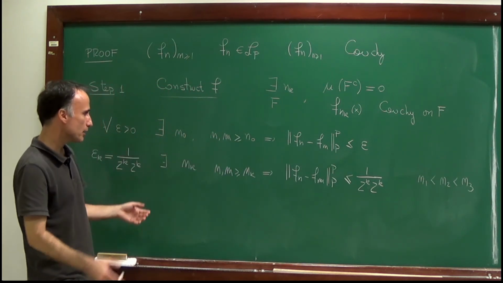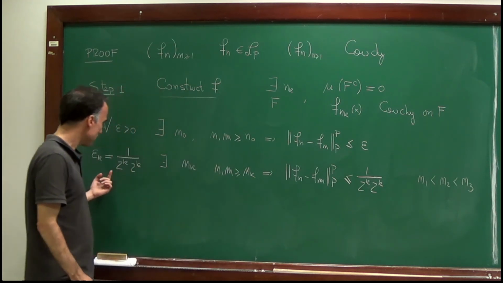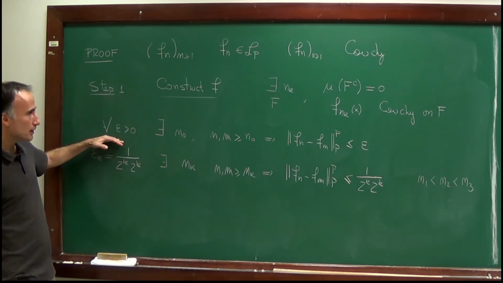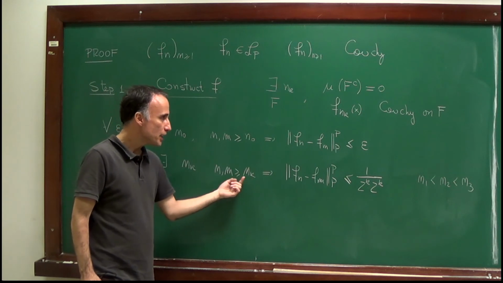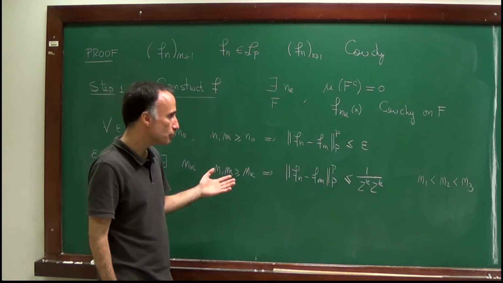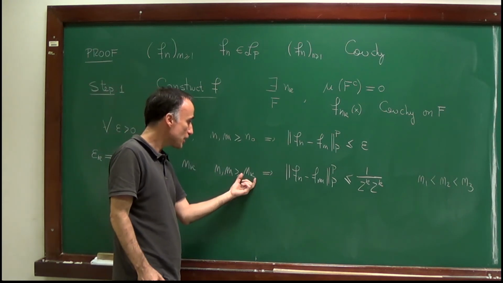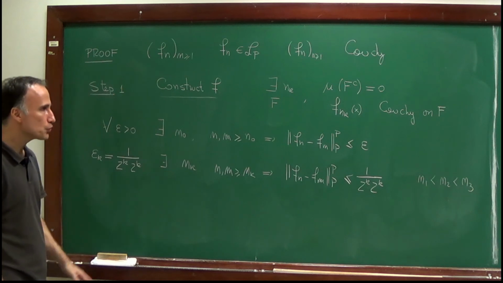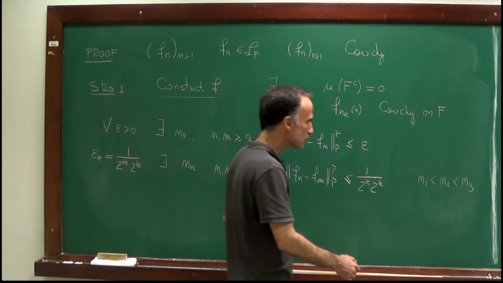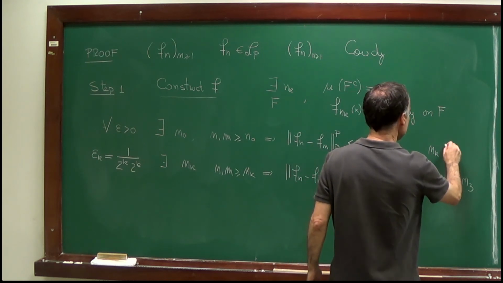Because if I choose n1, n2 up to nk, then I just apply the hypothesis to epsilon k plus 1 and find nk plus 1. If nk plus 1 turns out to be smaller than nk, I can of course change the value of nk plus 1 to make it larger than nk. So I can assume without loss of generality that this sequence nk is strictly increasing.